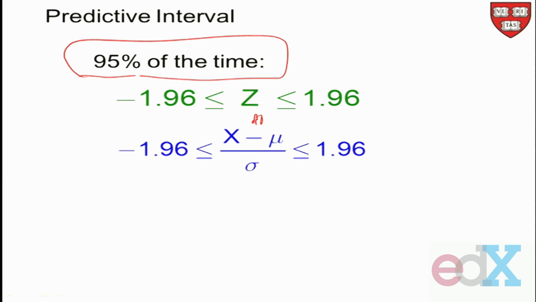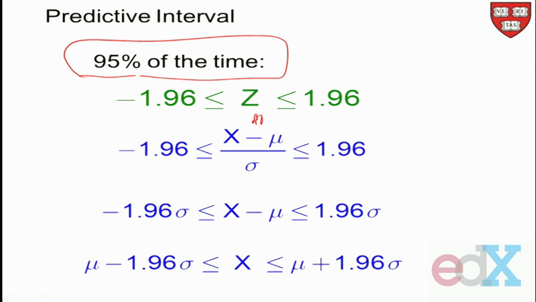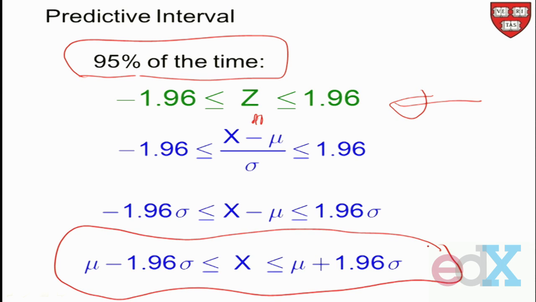Now let's multiply through by sigma, and let's add mu to everything, and there we've got it. So now this statement about the standard normal gets translated into this statement about your x for general mu and sigma.